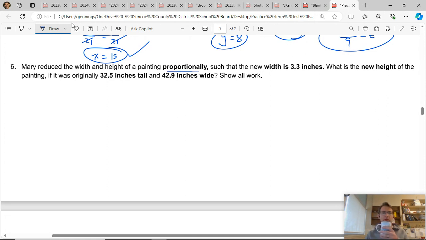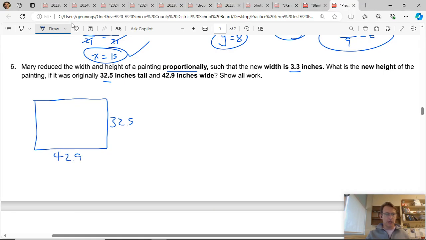Mary has a painting that she wants to reduce proportionally. The new width wants to be 3.3 inches. So draw a picture, okay? It was originally 32.5 inches tall. Here's my painting, okay? And it's tall, 32.5 and 42.9. Okay, that was what it is. And we're going to make it shrinkified so that it is now 3.3 inches tall.